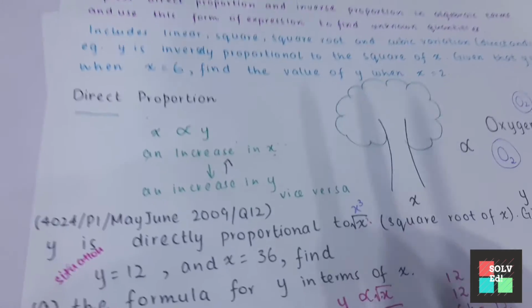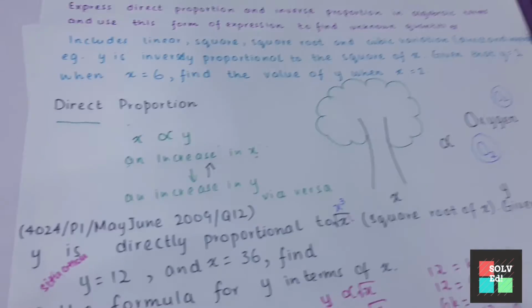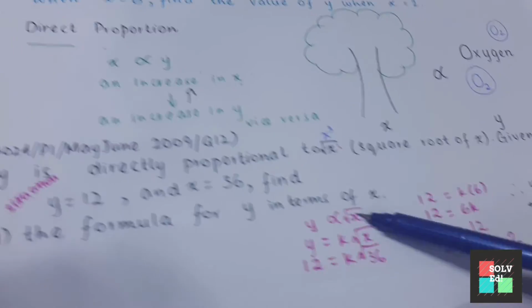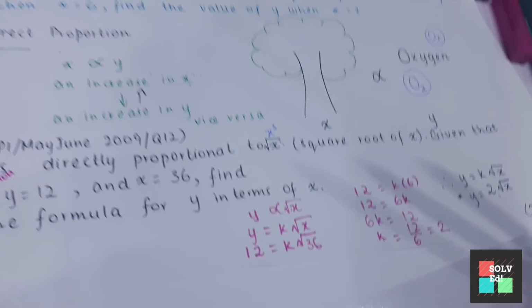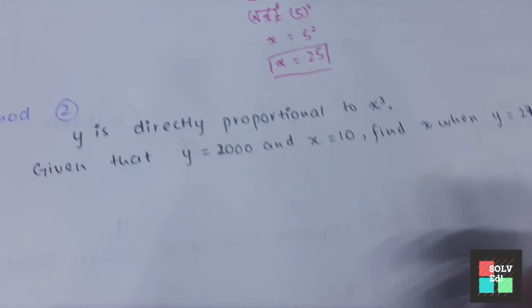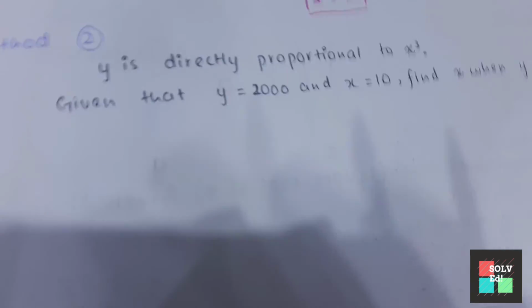So we've done a similar question for direct proportion. But before you go, I just want to solve another method of direct proportion, which many other students use. However, this is the method that I would recommend you guys if you're doing this. So with a cubic direct proportion question, I'm just going to do this method number 2.